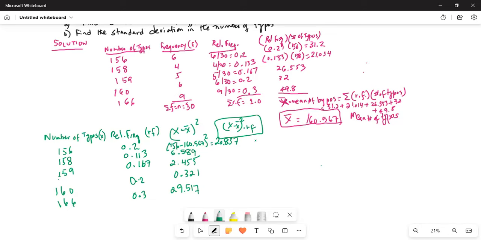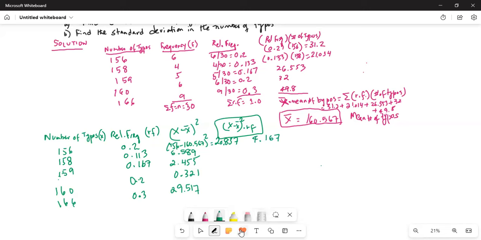So for the first one, it will be 20.837 times the relative frequency of 0.2. And that will be 4.167.